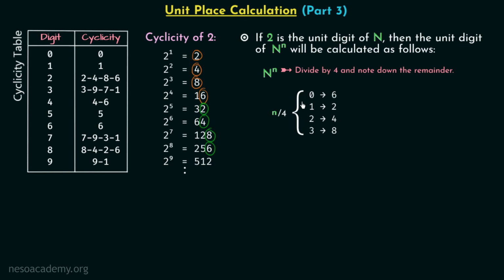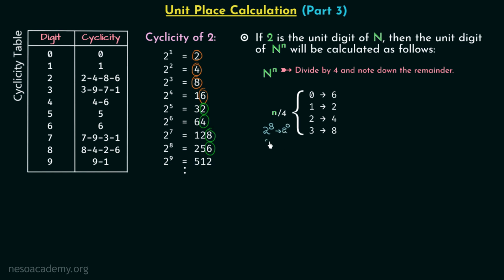When 0 is the remainder, this means the power n is completely divisible by 4. For example, 2 raised to power 8 will have the remainder equal to 0 when power 8 is divided by 4. So we can replace power 8 by the remainder which is equal to 0, so 2 power 8 we can write as 2 power 0.